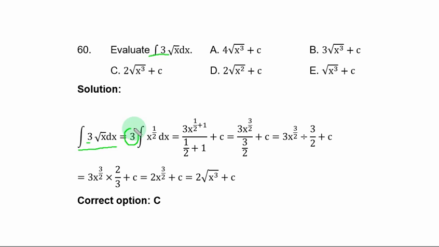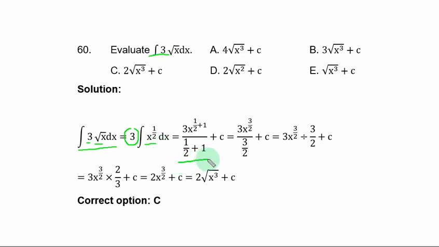Now, the power is n, so we need to express root s as s power half so that the power becomes visible. So for you to integrate, you add 1 to half and divide by the sum of the powers in this form.